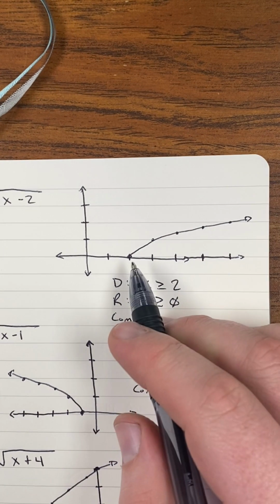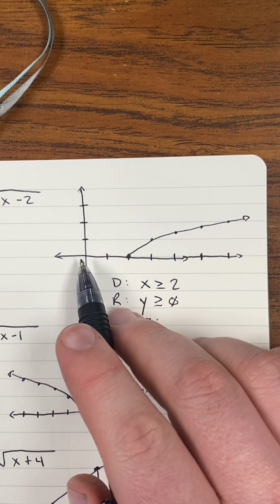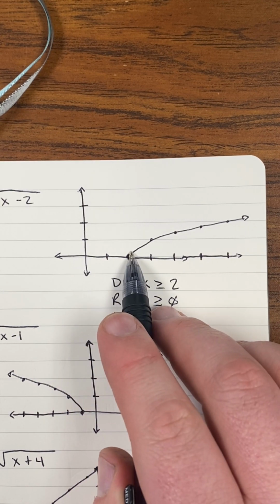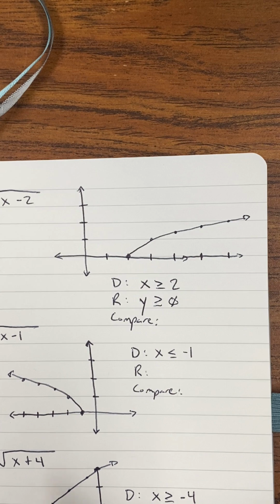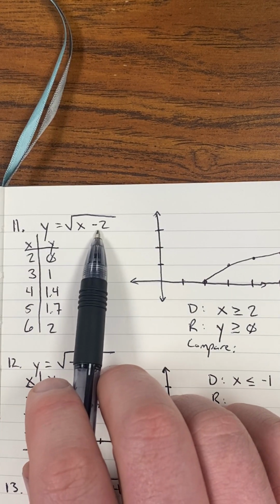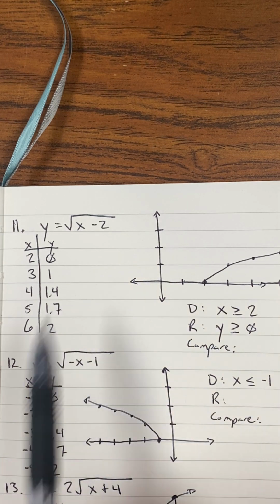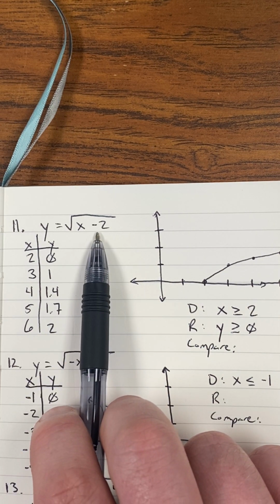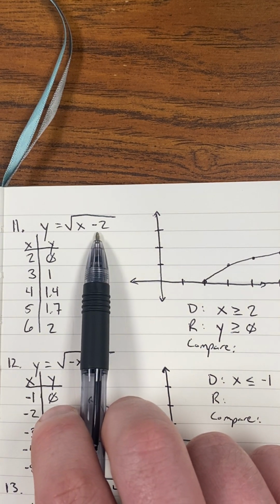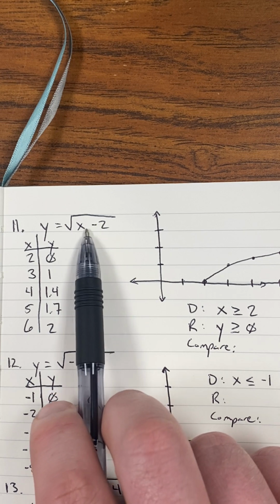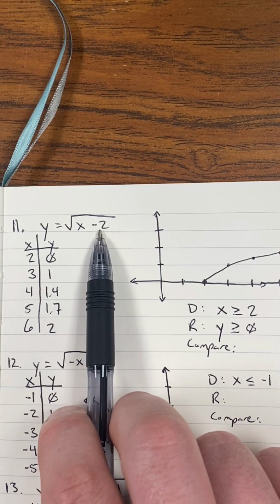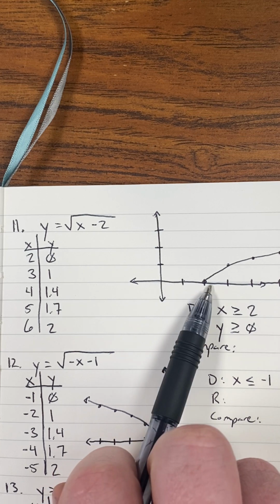Now let's look at the comparison. So the original graph started over here, but now it's starting over here. But it's the same exact shape. Nothing else changed. Notice that the only thing that changed about the equation was the minus 2. This seems to be working just like quadratics, where if I have a minus 2 on the inside here, it's actually moving to the right.